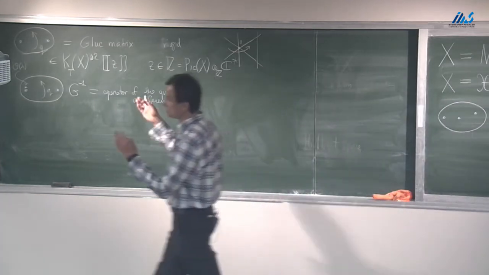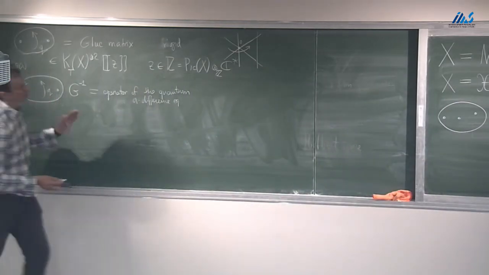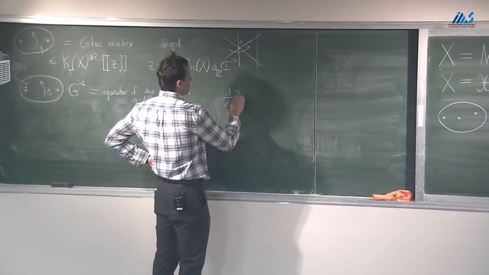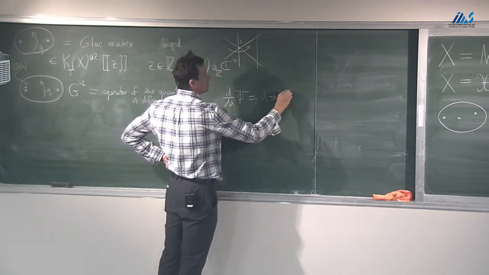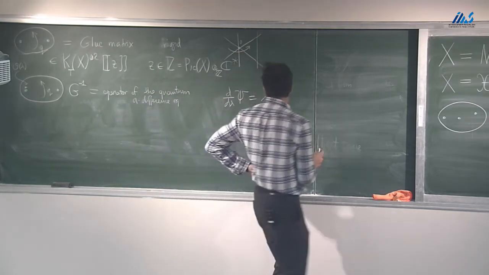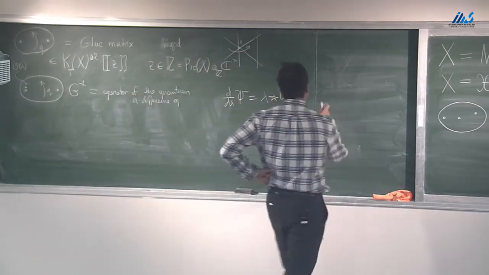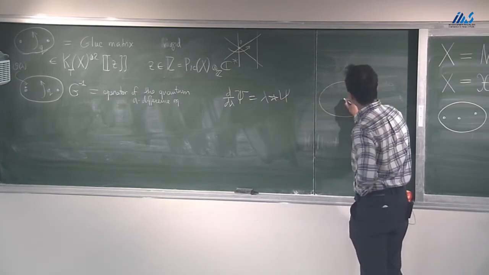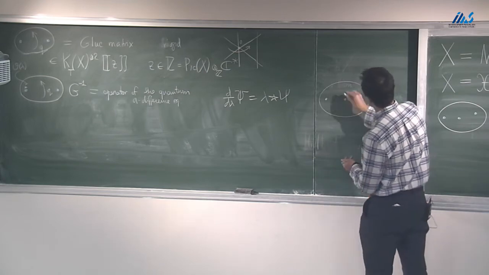So remember, in Davesh's talk, the quantum differential equation was d by d lambda of some function psi equals lambda times psi, where lambda star means I took an extra point and put C1 at this extra point.